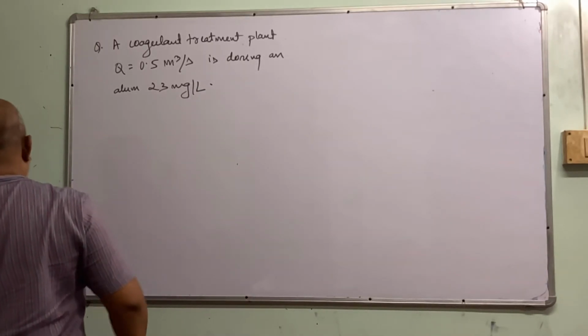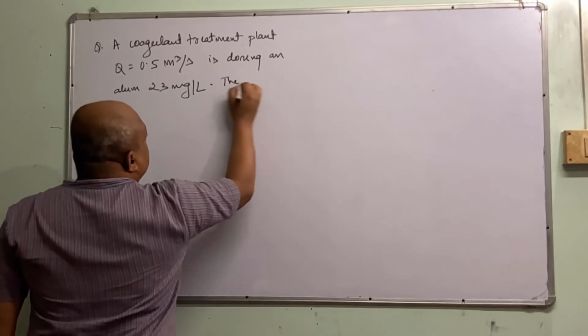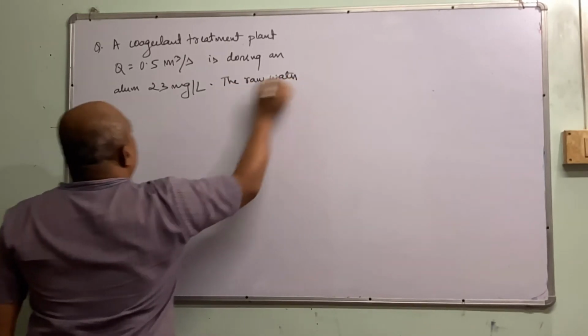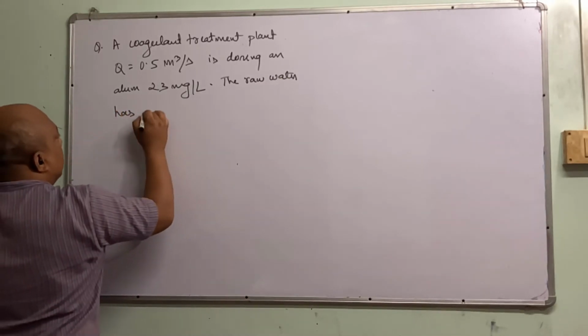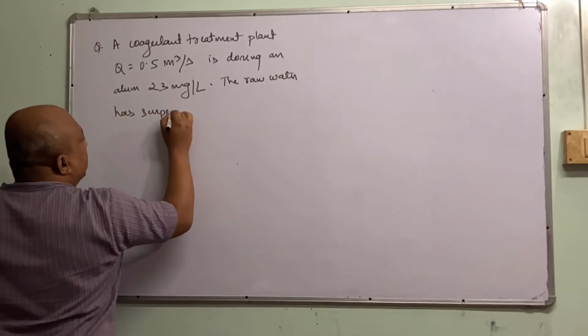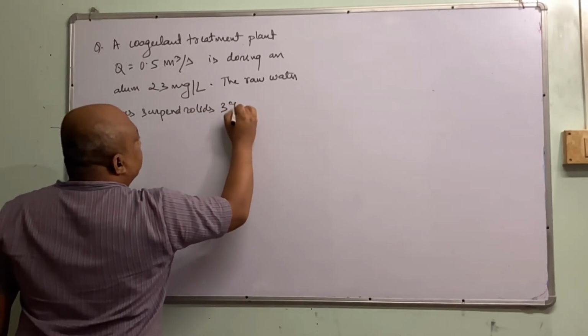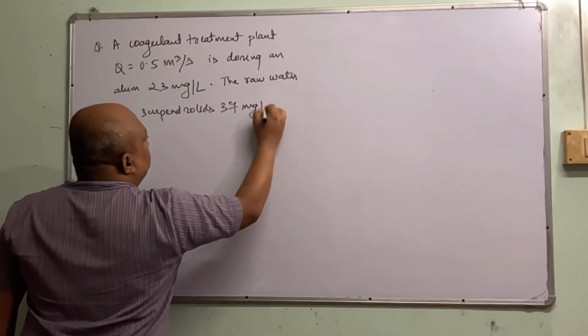The raw water has suspended solids 37 milligram per liter.